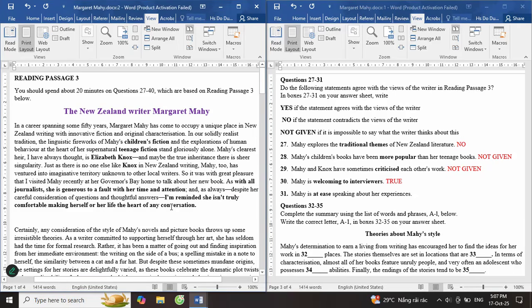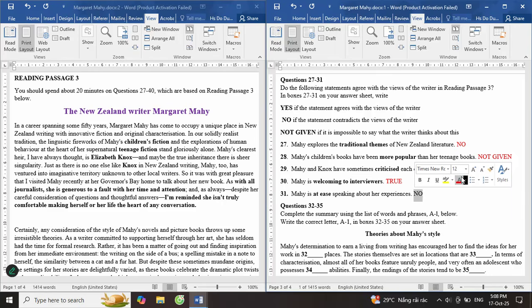If you read the last sentence here, I'm reminded she isn't truly comfortable making herself or her life the heart of any conversation. The heart of means focus on something. So the question says she is at ease talking about her experience. This says she isn't truly comfortable, therefore it is a no.